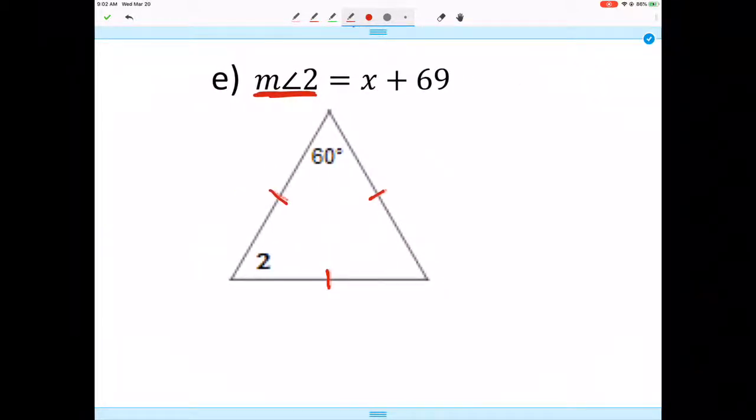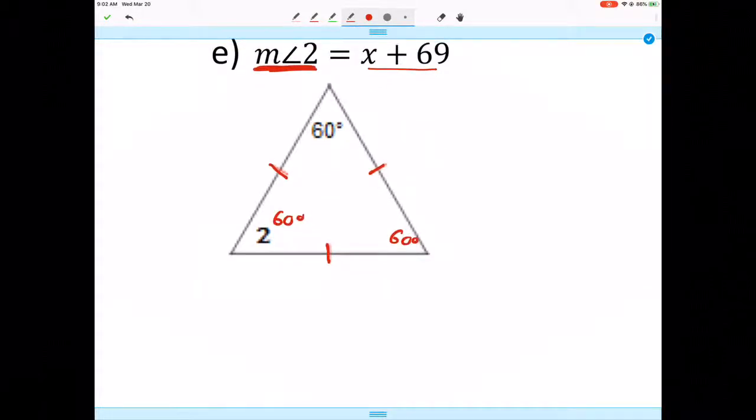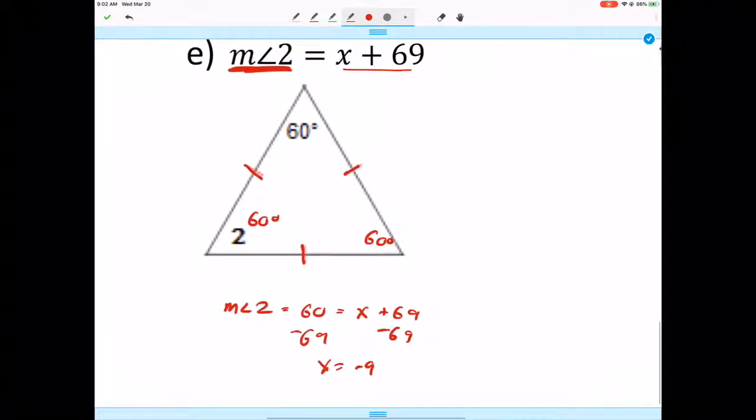I don't know if they're asking for what x is, but either way, we know that this is 60 degrees. Let's just go ahead and see if we can solve for x. The measure of 2 is 60, and that's equal to x plus 69. If you subtract 69 from both sides, you'll get x equals negative 9. I'm not sure if that's what they're asking for, but you could for sure do that.